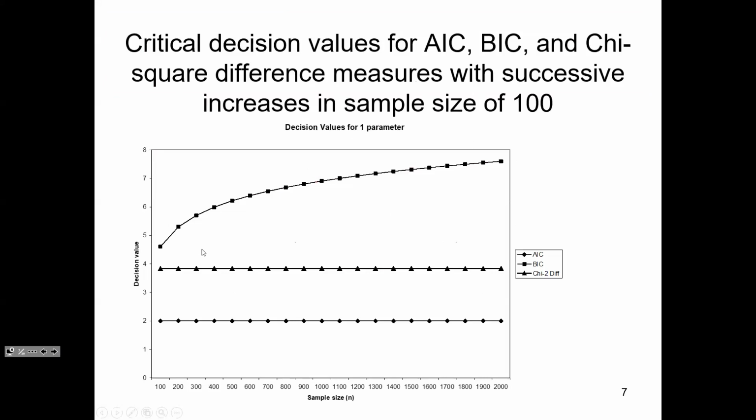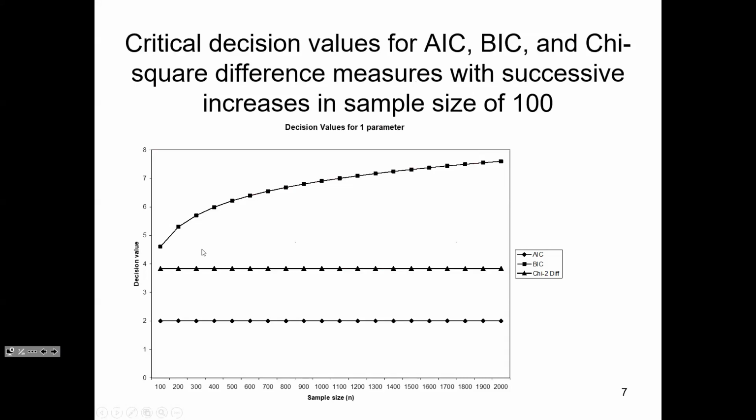But what you see here is that with a sample size of, for example, 100, the BIC, that's the top curve there, already has a much larger penalty than the chi-square difference test or the AIC, right?